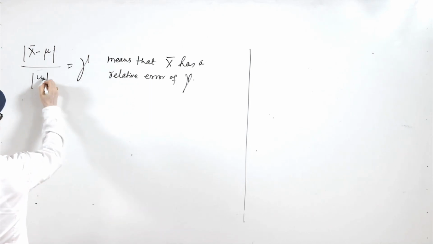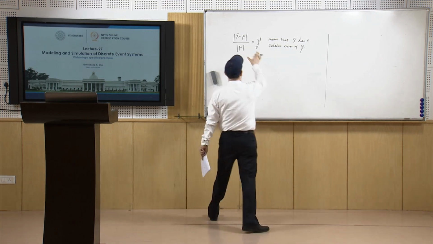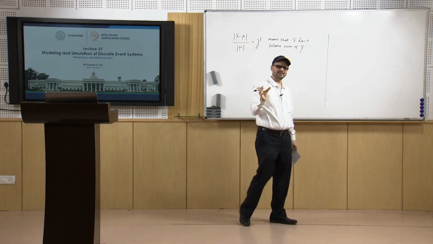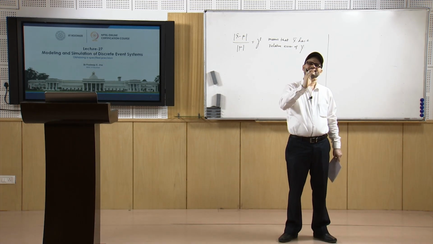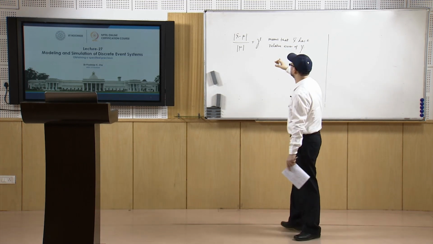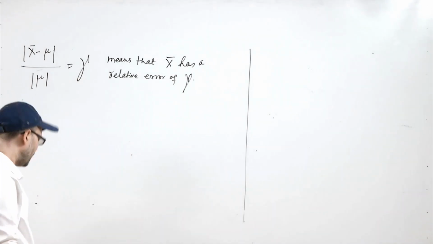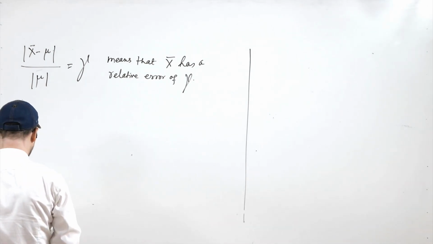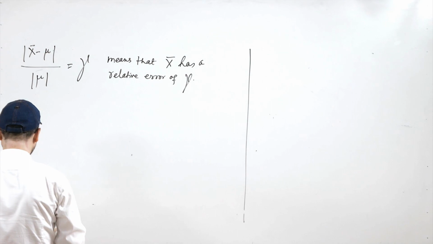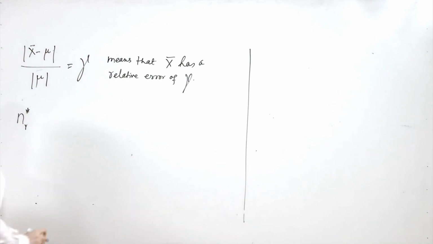So, we will have mu here, because we look at how much x bar is deviating from the actual mu, and what the relative difference is. That is how x bar minus mu is defined in terms of gamma, and for getting that relative value we have the expression.